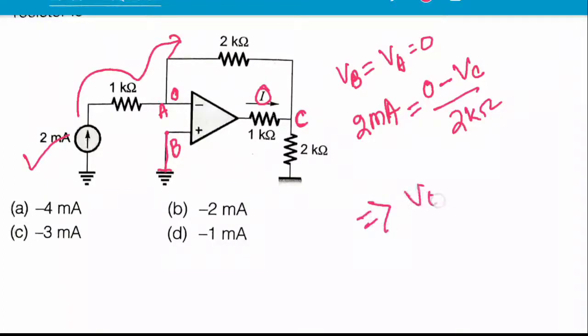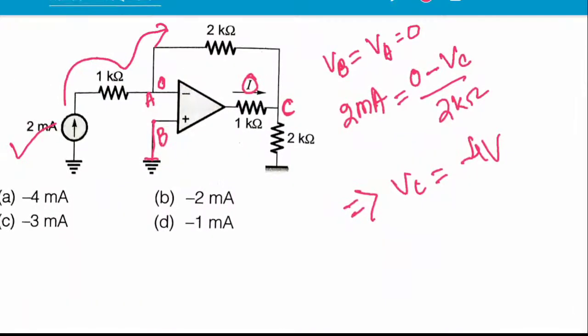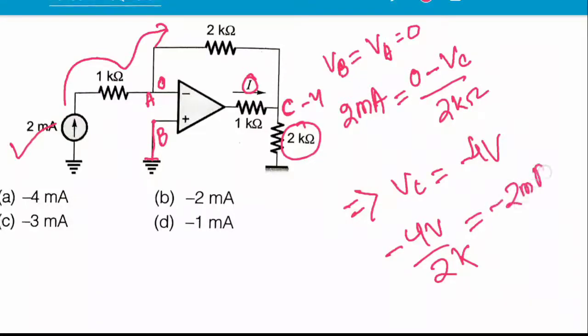So here Vc is coming to be minus 4 volt. Current through this one, the 2 kilo ohm, will be minus 4 volt by 2 kilo ohm, which is equal to minus 2 milliampere, which is downward as per the convention.